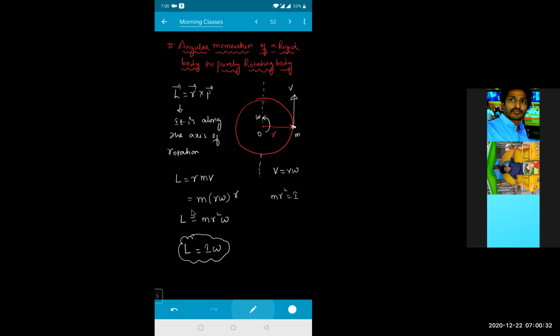For a particle, what is the angular momentum? L is equal to m v into r, in terms of velocity. For any particle, the relation is L equals m v into r.